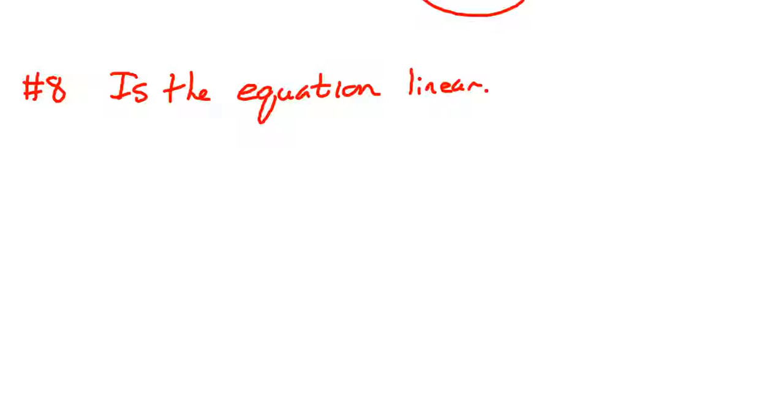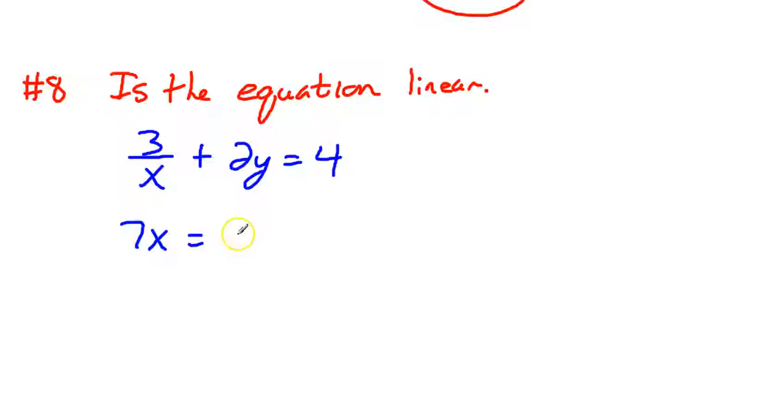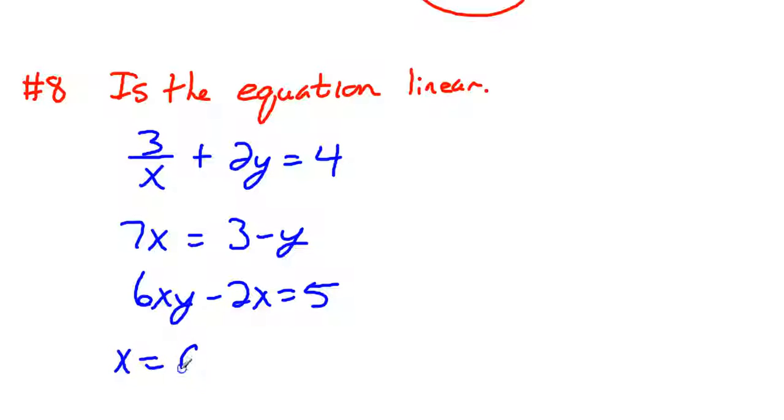Okay, number 8. This is where they give you 4 different problems, and they ask you, is the equation linear? And it was really more of a checklist than it was anything else. And the linear part of this one is really more what makes it not linear.